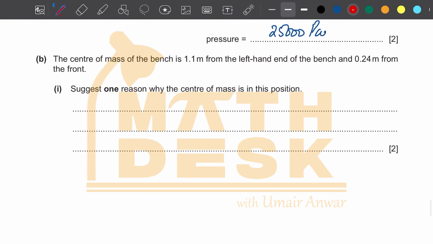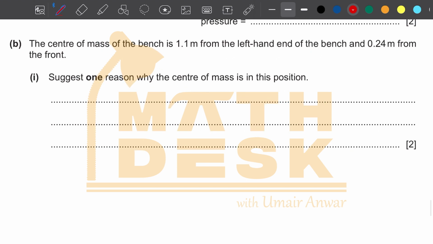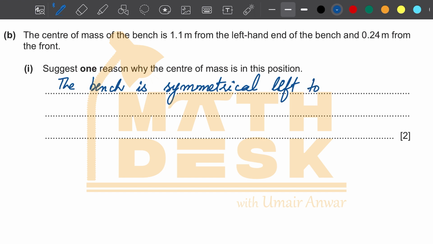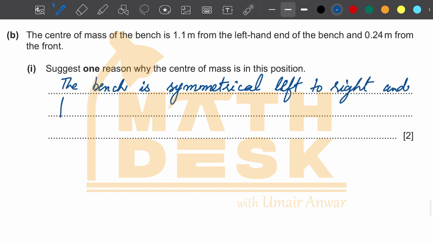Suggest one reason why the center of mass is in this position. So the reason we can state is the bench is symmetrical left to right and front to back.